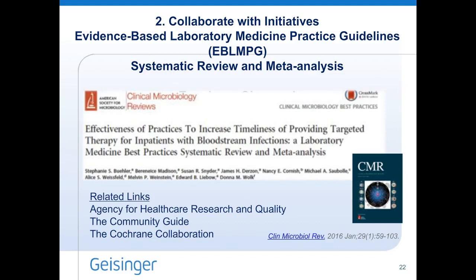And if you make an improvement, maybe it's not statistically significant based on the number of patients you've assessed. But if you can pool your data with the larger laboratory community, which is the purpose of the CDC ASM collaboration, you can be part of a national data repository that maybe answers some of the questions of what the laboratory can contribute. So I urge you all to read this, get involved.